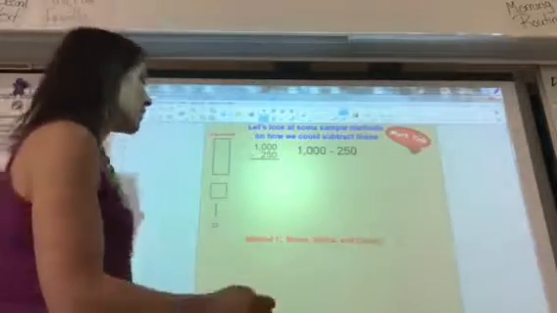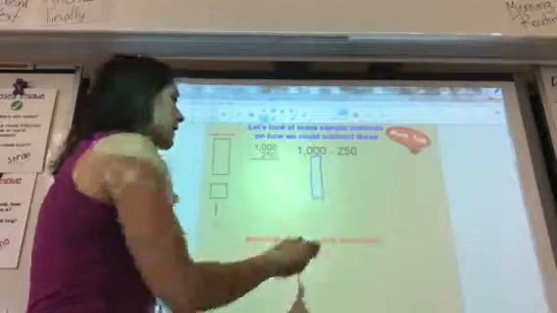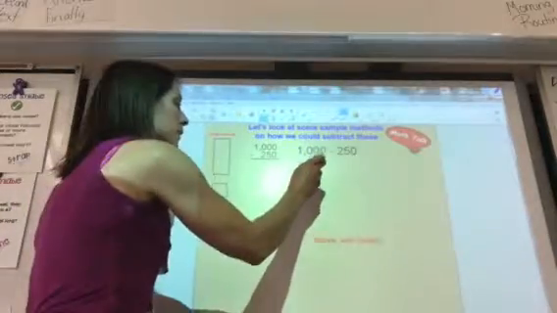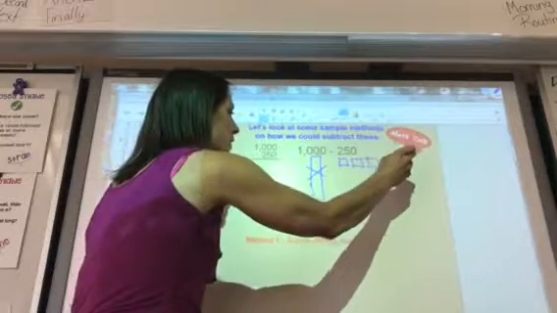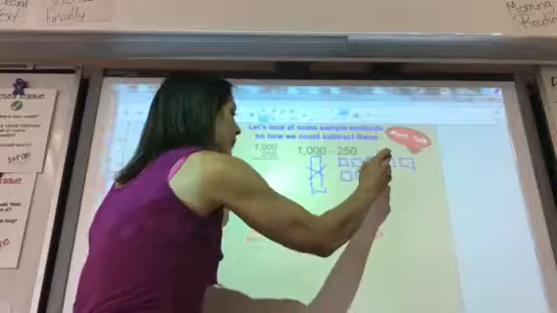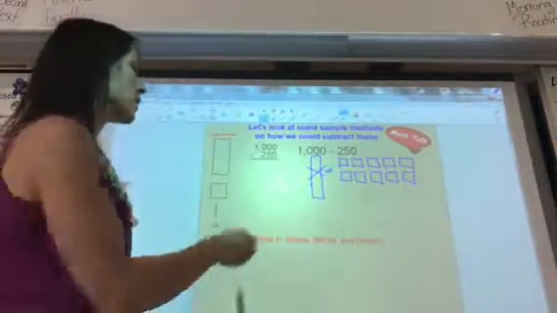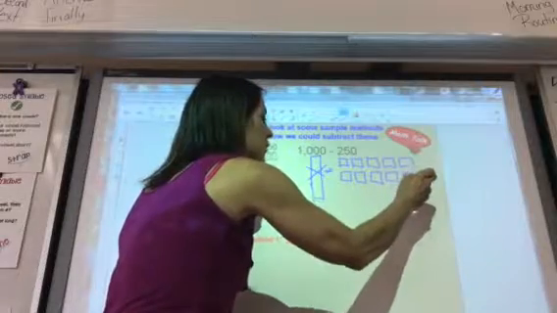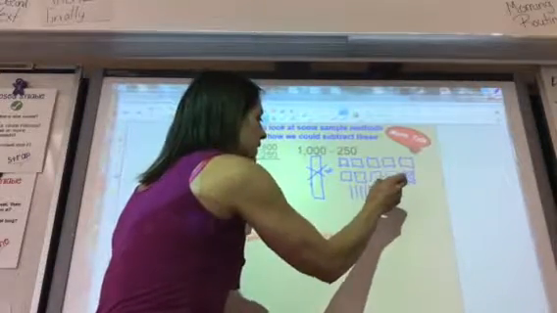1,000 minus 250, I draw my 1,000 bar. I have to ungroup. So that's 10 hundreds when I ungroup. I need to ungroup 100 for 10 tens.